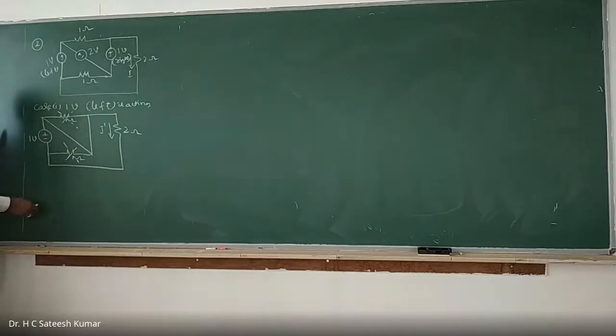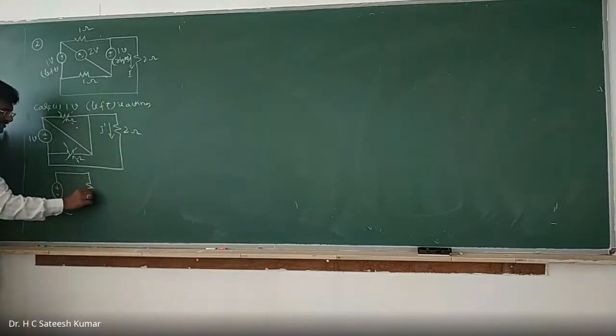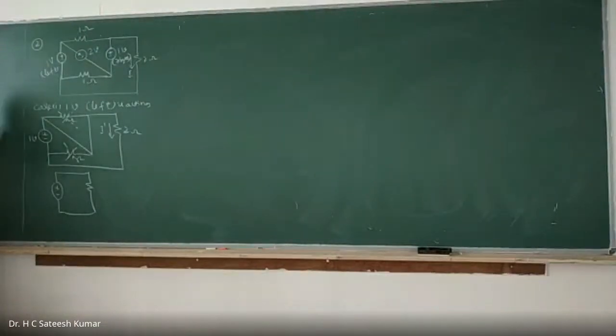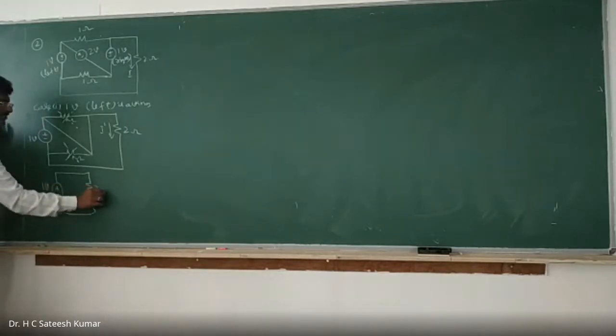So now what is to be done? I'll rewrite the circuit diagram. This is shorted and this point has come to this point, so this is connected to this one. Therefore, only this much is there. Okay, right. Now what do we have? 1 volt, 2 ohms, I dash.